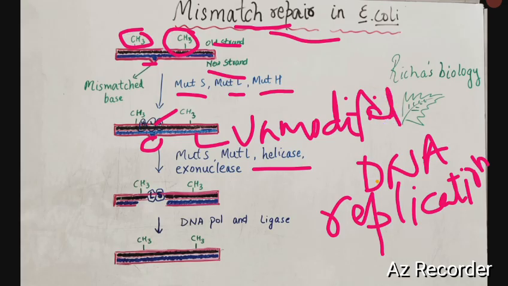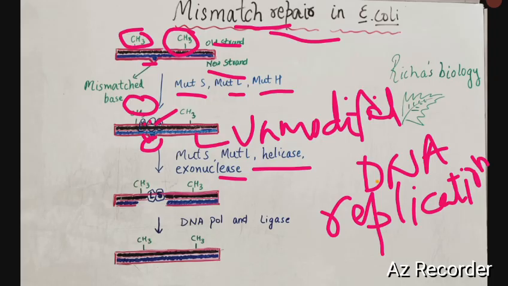It is non-methylated, right? So that's opposite to the site of methylation. Where the methylation is, opposite to that, this mismatch base will be recognized, and it will be removed by MutS, MutL, and helicase and exonuclease. So this is S, this one is L, this one is H. Three enzymes will work here.